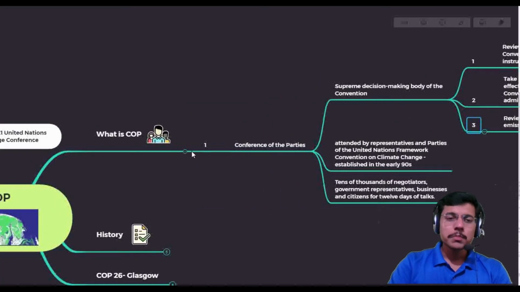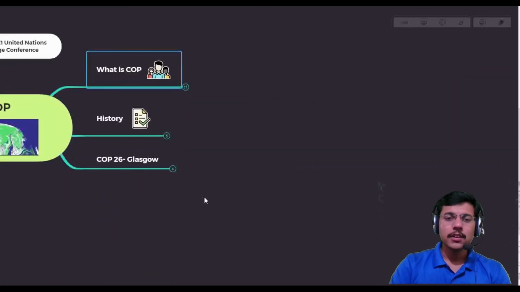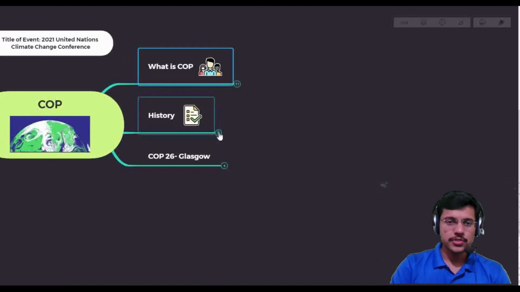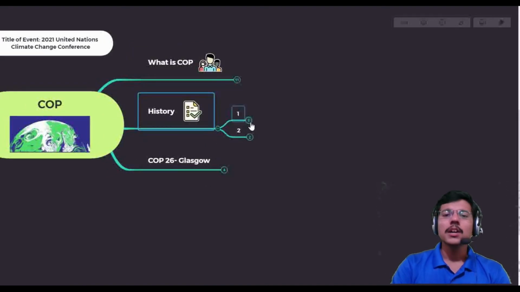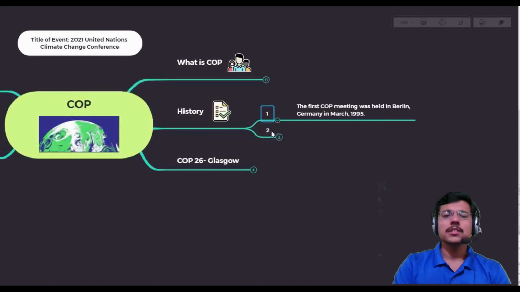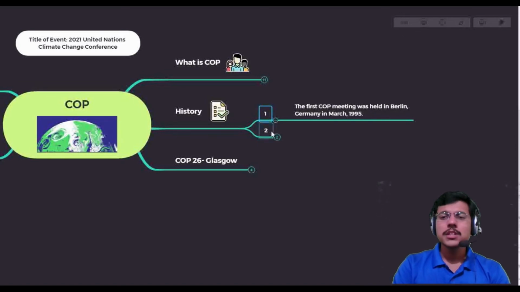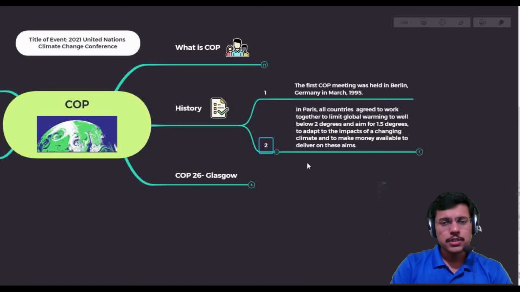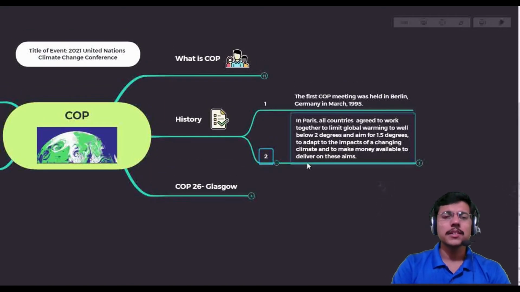Now let us move ahead and discuss some of the history. How did it come into being, what is this COP? The first meeting was held in Berlin, Germany in March 1995, and after that each year this COP meeting has taken place.